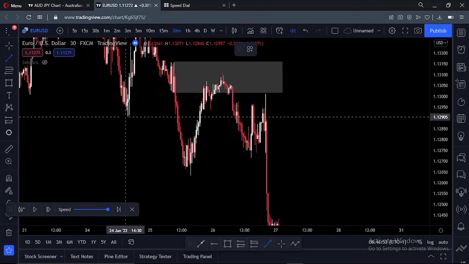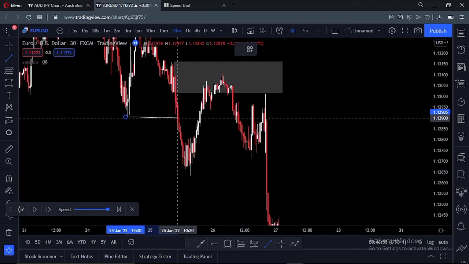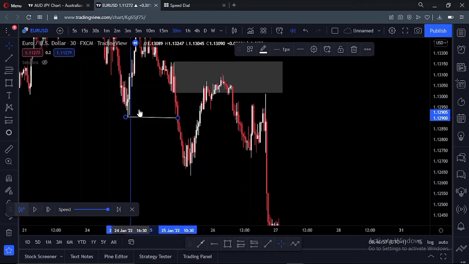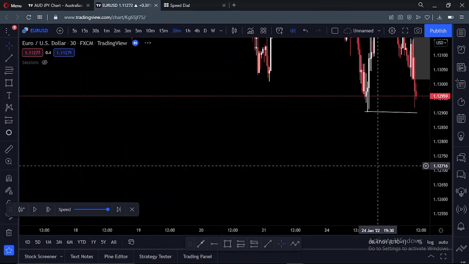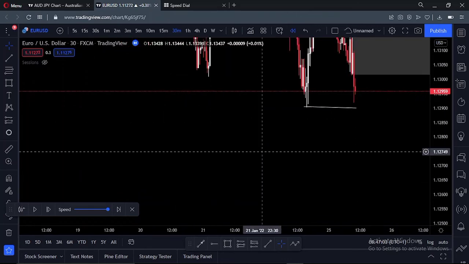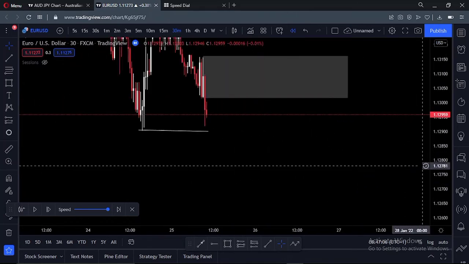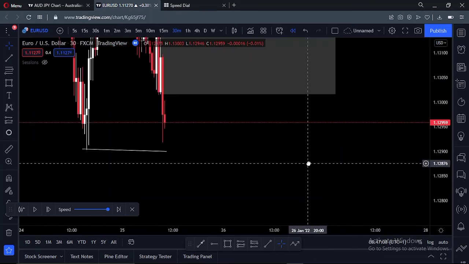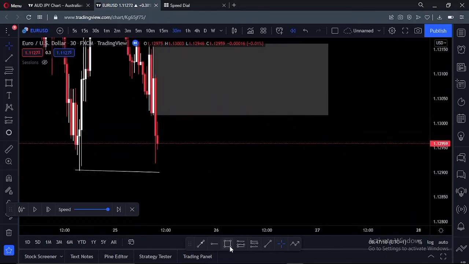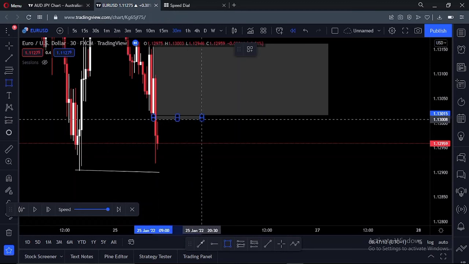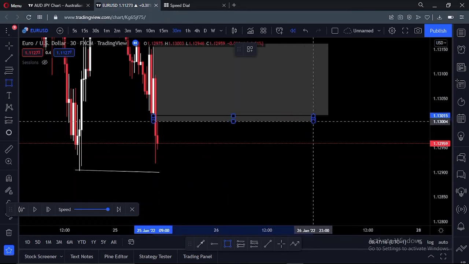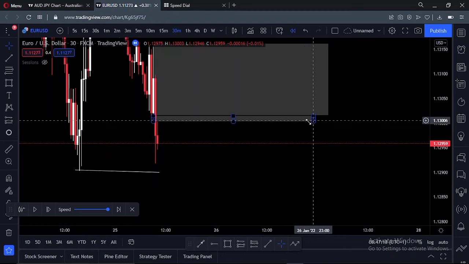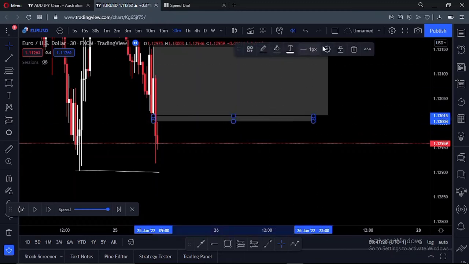It broke structure from here, and had this little imbalance just right after it. That little imbalance just right after the zone. So that was why I picked the zone.